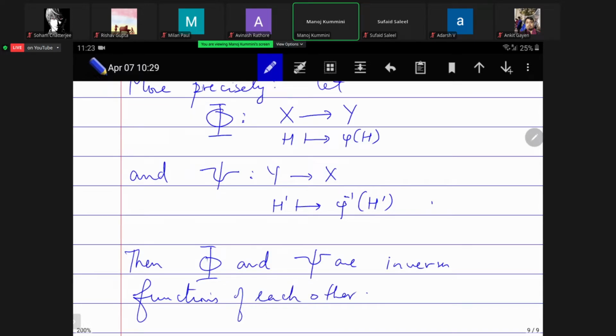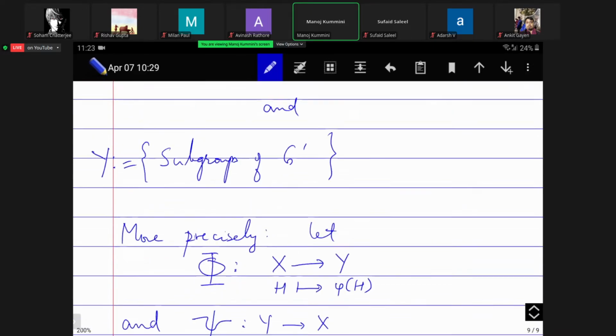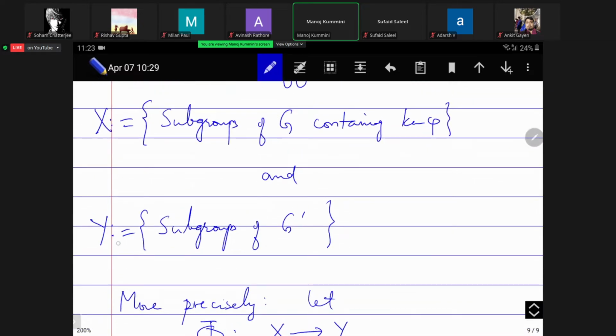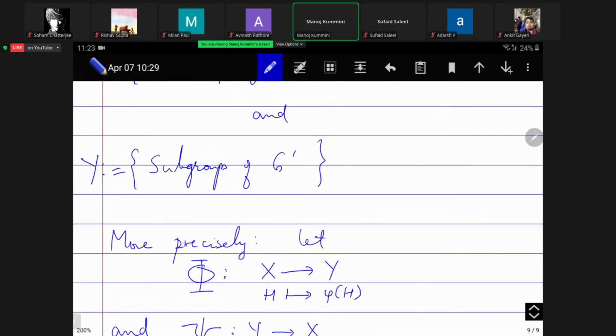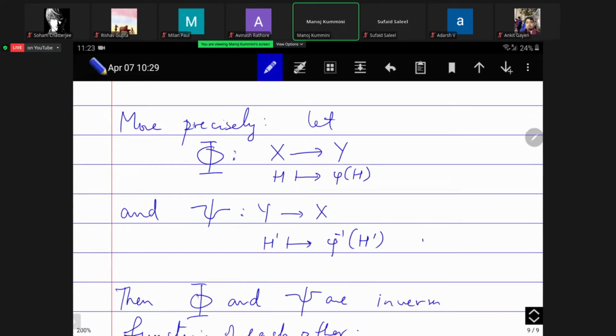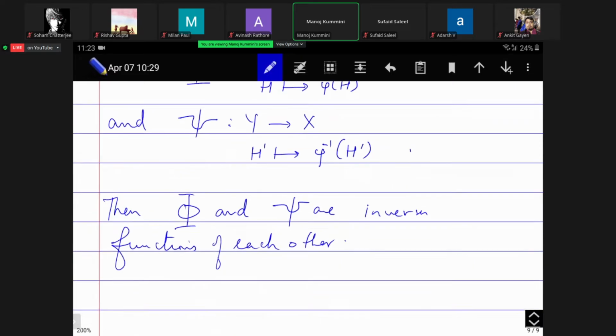So subgroups of G containing the kernel of phi are in one-to-one correspondence with subgroups of G prime. What this says is, if you start from something in Y, go to X, and then come back, you'll get the same element. That's why these are inverses of each other. I will just sketch the proof.